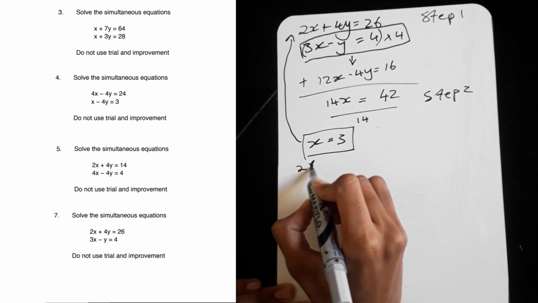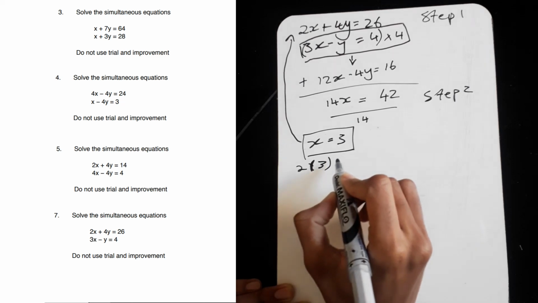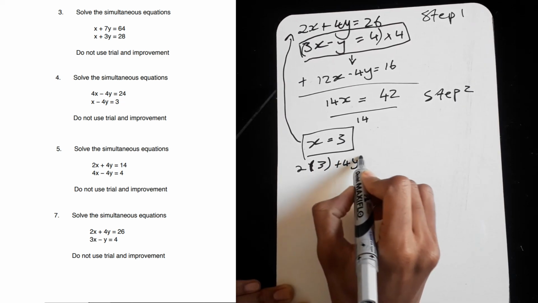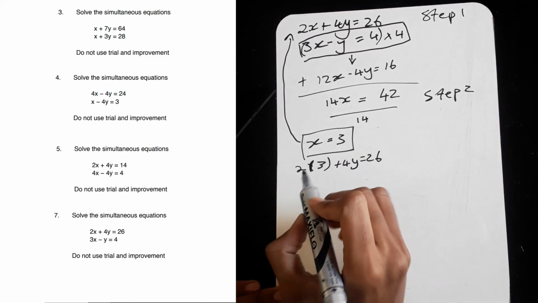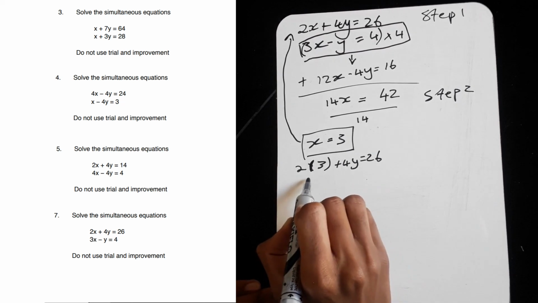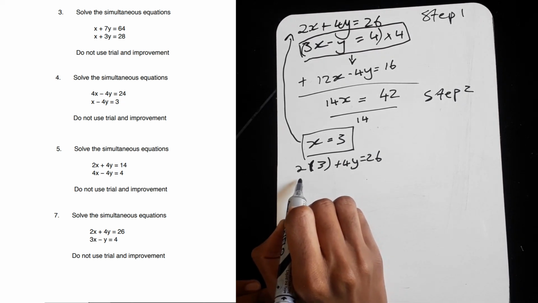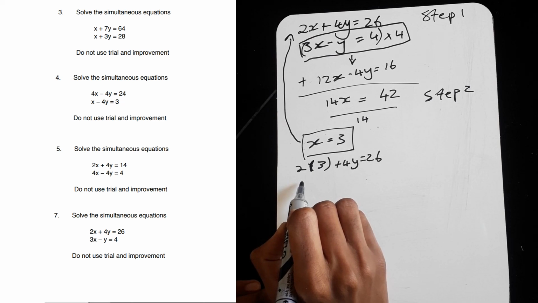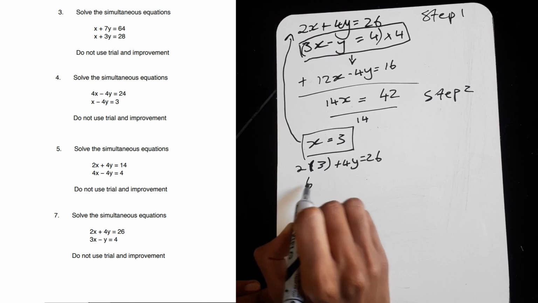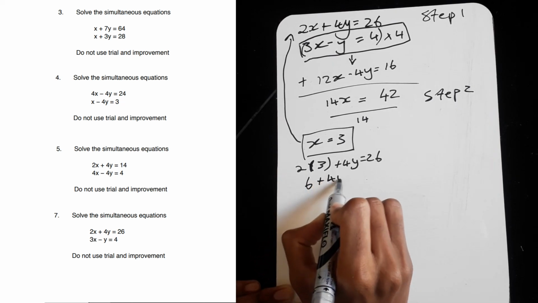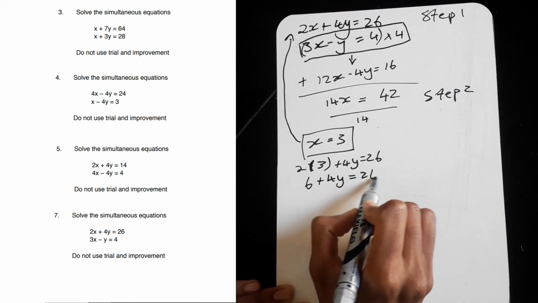So it's going to be 2 open brackets 3 plus 4y equals 26. So that's going to be 6 plus 4y equals 26.